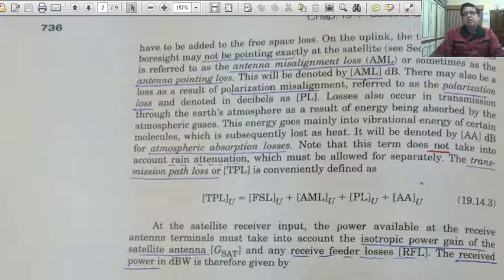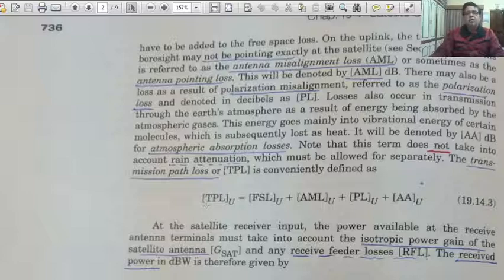This energy goes mainly into vibrational energy of certain molecules, which is subsequently lost as heat. It will be denoted by AA dB for atmospheric absorption losses. Note that this term does not take into account rain attenuation, which must be allowed for separately.